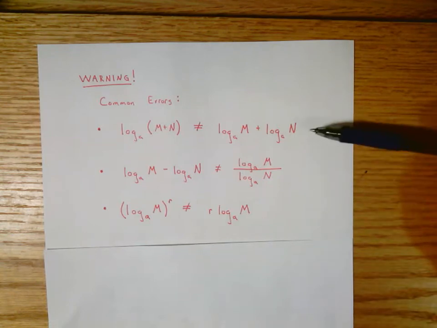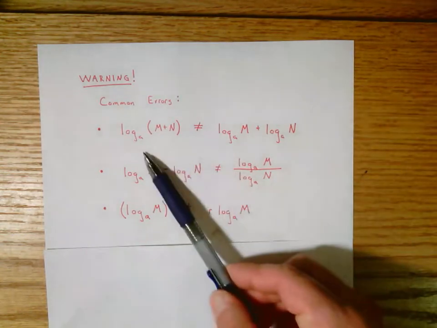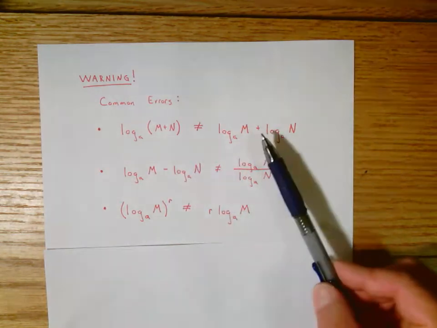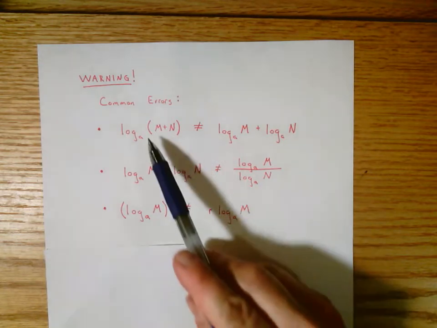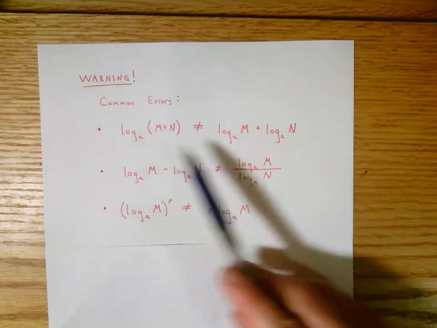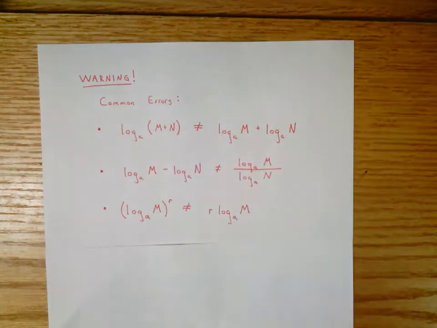The first common error is sometimes you'll see people write a logarithm of a sum being equal to the sum of logarithms. All right, they almost think it's like the distributive property. This is not the distributive property because there's no multiplication right here. This is an incorrect statement.